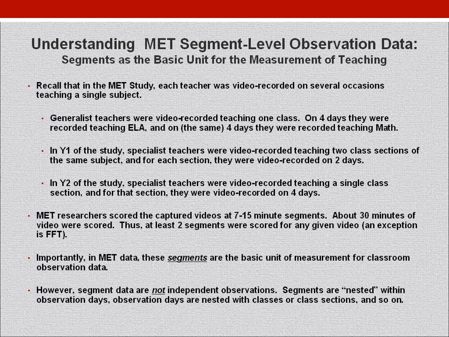So for most of the videos, you'll have at least 2 segments scored. One exception is Framework for Teaching, which scores at the video session level. But the important point to make is that in the MET data, the segment level scores are the basic unit of measurement for classroom observation data. So that's why we have the segment level observation data reported at the segment level.